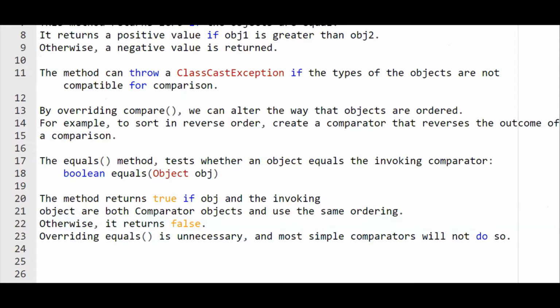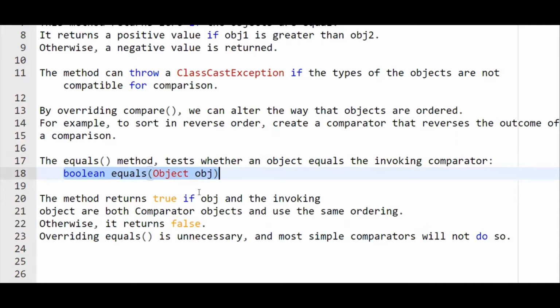The syntax is boolean equals(Object obj). This is the syntax of the equals method. This method returns true if the object and the invoking object are both Comparator objects and they both use the same ordering mechanism. Otherwise it will return false.